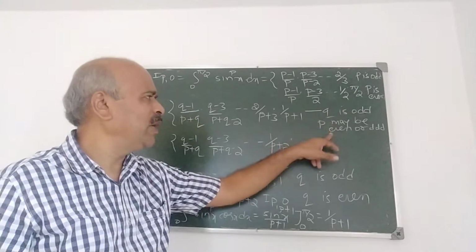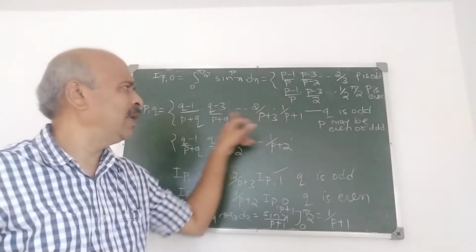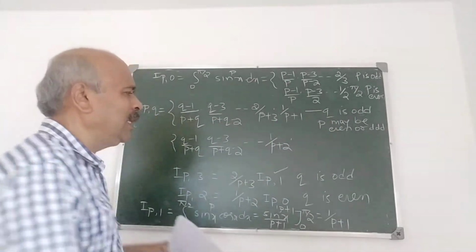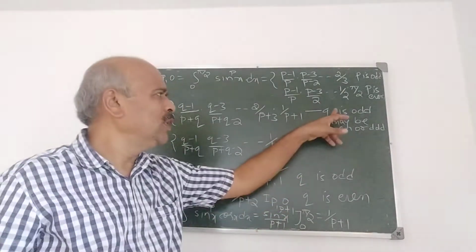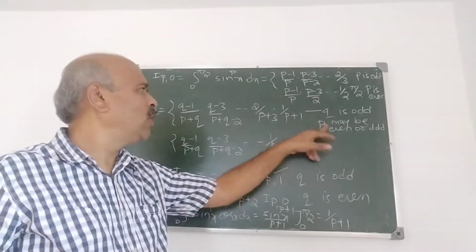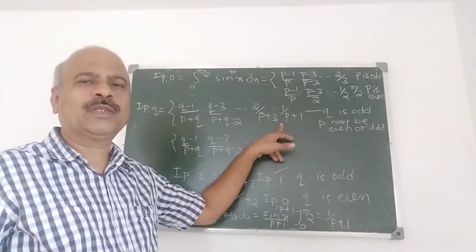When q is odd, p may be even or odd, we have one formula. But when q is even, two cases are there. When q is odd, only one case. P may be even or odd, we get only 1 upon p plus 1.